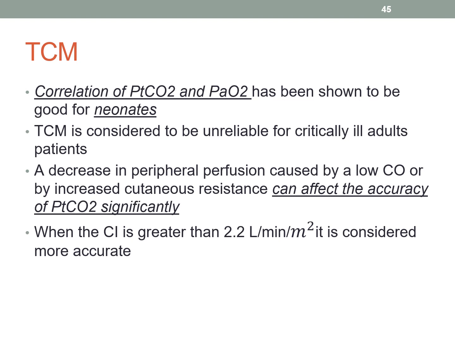A decrease in your peripheral perfusion caused by low cardiac output or increased cutaneous resistance, like I just mentioned, can affect the accuracy of that transcutaneous O2 significantly. It's best used when your cardiac index is greater than 2.2 liters per minute per square meter. That is considered to be more accurate, so it's definitely perfusion dependent. Okay. All right.